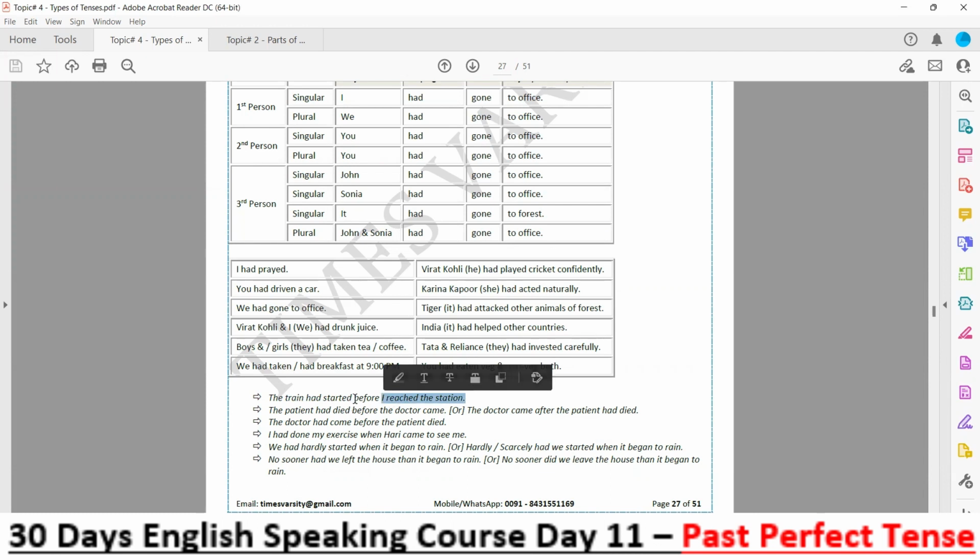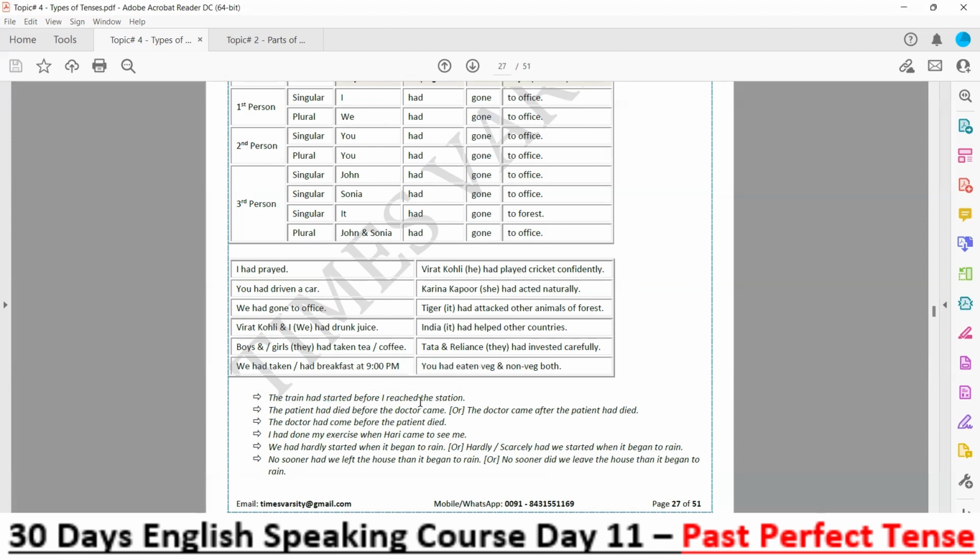Right? So you see here, past perfect is used and past indefinite is also used. Why is it past perfect? Because the helping verb had is used and the third form of the verb, started, is used. Start is the first form, started is the second and third form, starting is the ing form.